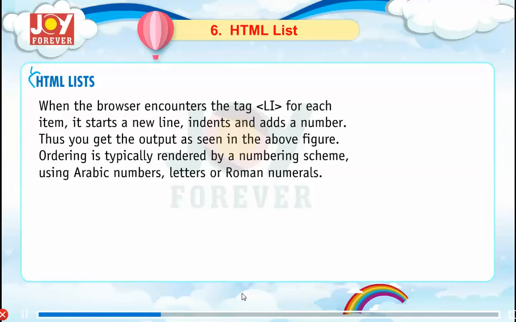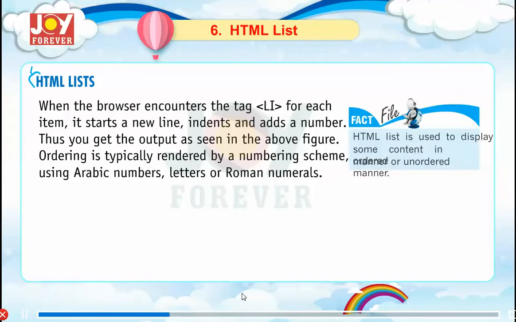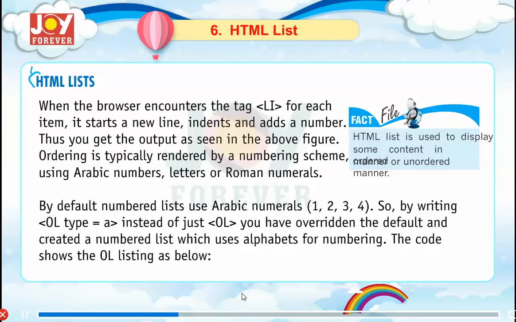Ordering is typically rendered by a numbering scheme using Arabic numbers, letters, or Roman numerals. Fact file. HTML list is used to display some content in an ordered or unordered manner. By default, numbered lists use Arabic numerals 1, 2, 3, 4.